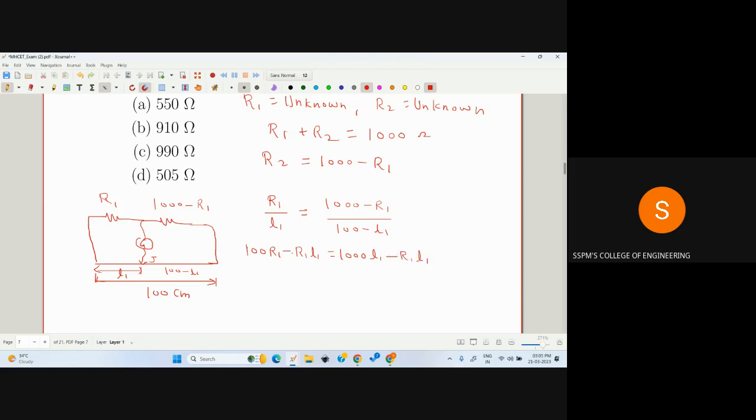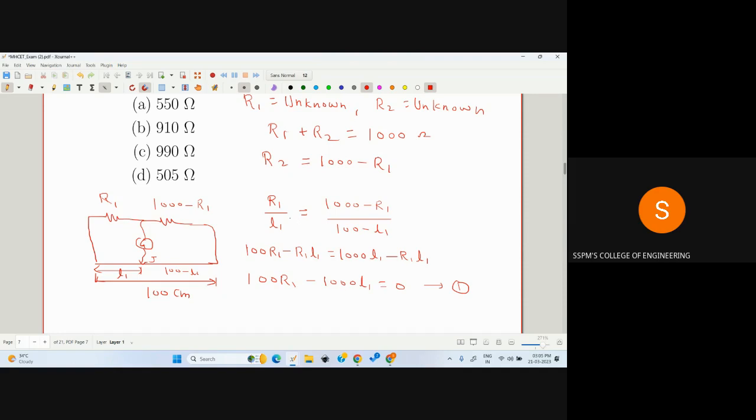Minus R1 L1 from the left and right side will be cancelled, and we get the equation 100 R1 minus 1000 L1 is equal to 0. So that would be equation number 1. Is it right?